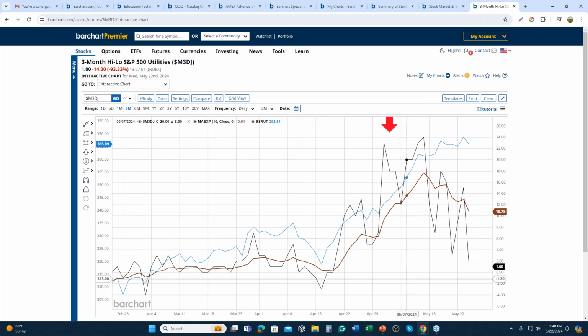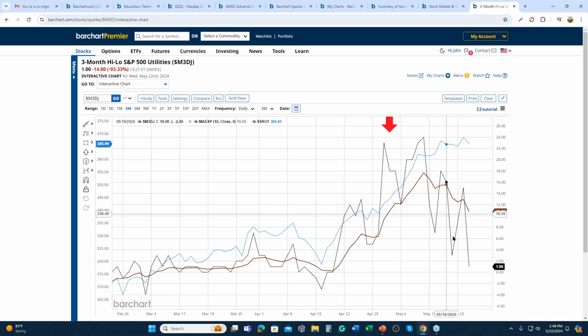Now, this is what is kind of interesting in terms of our recent development. You can see that since about April or so, the utility sector, the blue line here, has been rising on a rising moving average. More utility stocks are making 3-month highs. That's a good sign, strong breadth.